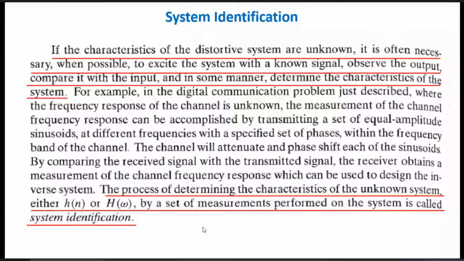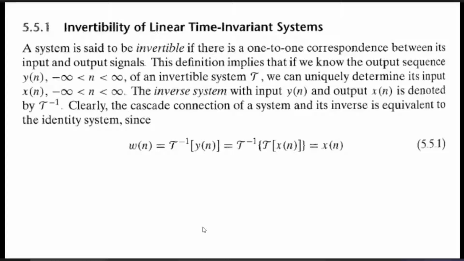Now, what do we mean by invertibility of a linear time invariant system? A system is said to be invertible, that means its inverse exists. The inverse of the system exists if there is one-to-one correspondence between its input and output signal.